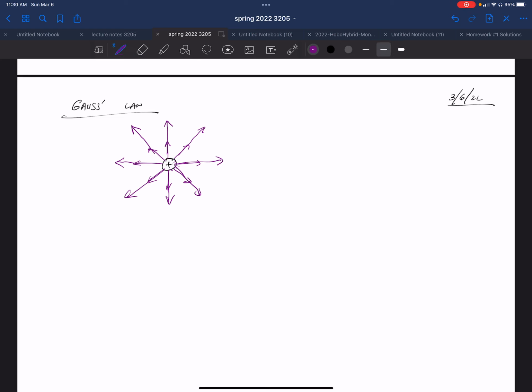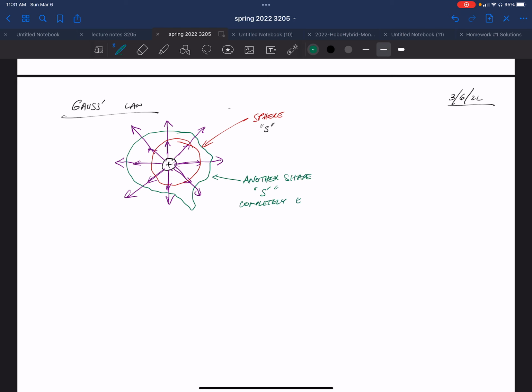Let's say I draw a spherical shape around this charge, and call this sphere S. Then let's say I draw another shape, a really funky shape like that, and let's call this S prime. This is a funky shape, but it still completely encloses the charge.